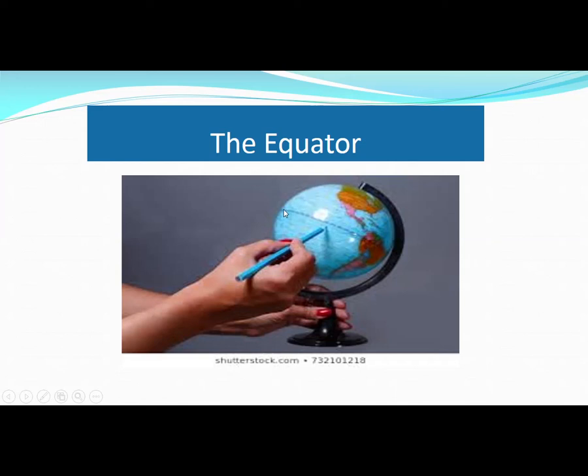The equator is an imaginary line which is drawn round the Earth on the model of the globe, and it is drawn in the center of the Earth, dividing it into two halves.